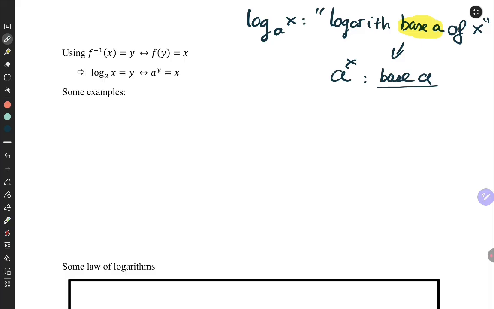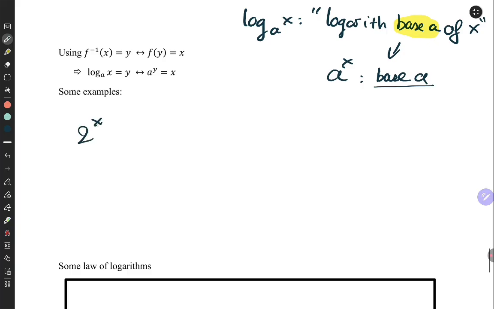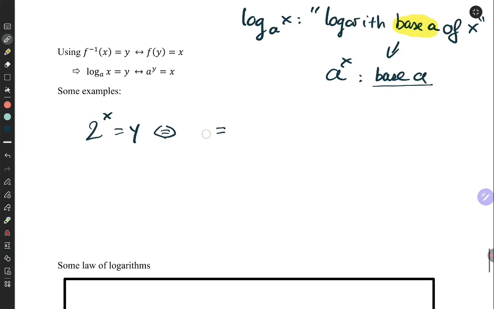Some examples. 2 to the power x equals y if and only if... how should I rewrite that? Not y, x equals... Use another variable.